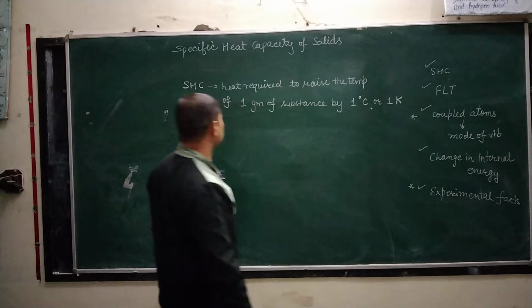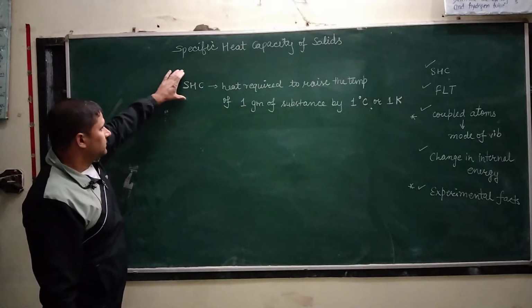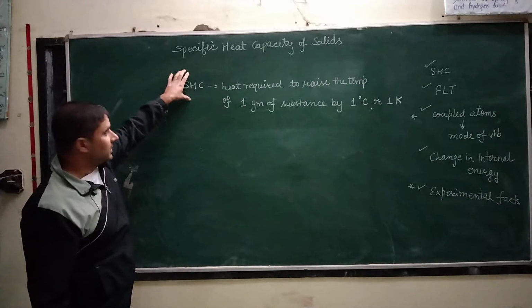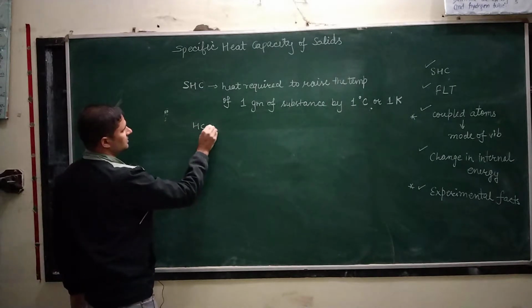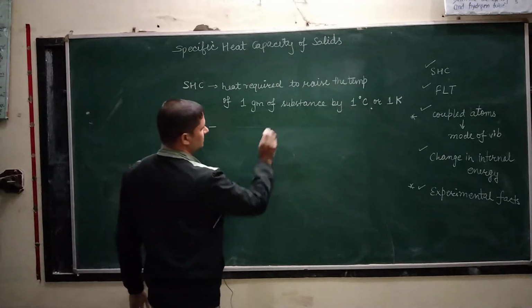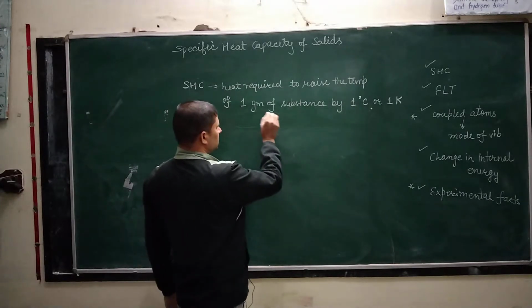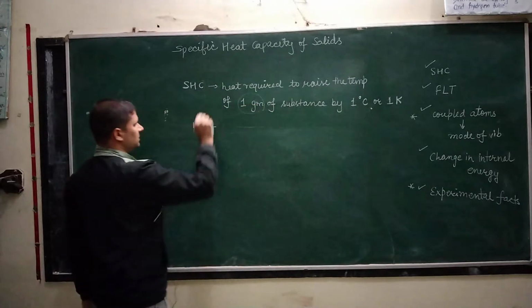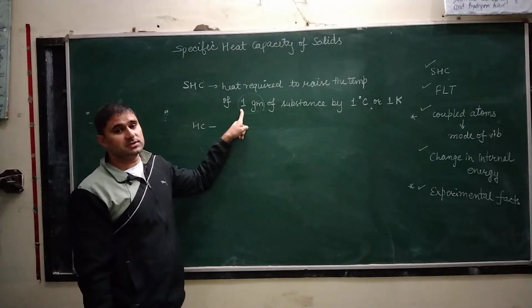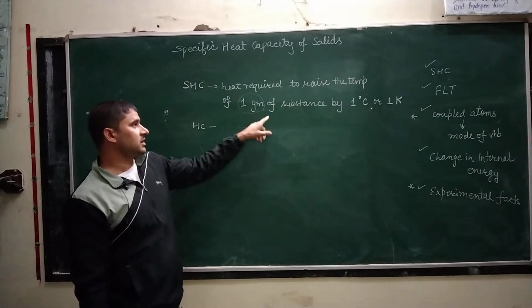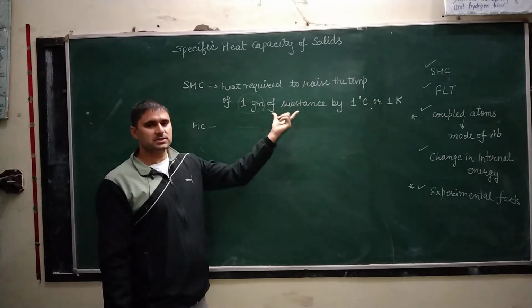Okay class, so this is specific heat capacity, and if I define heat capacity, it is the same thing. But here in specific heat capacity we define the unit of the substance, the unit of the mass, amount of the substance.